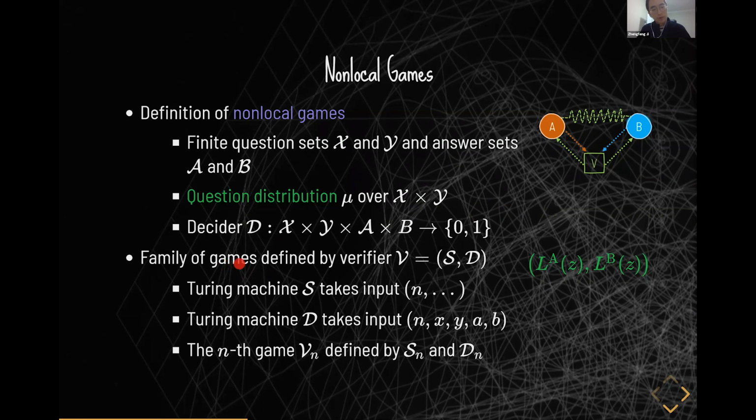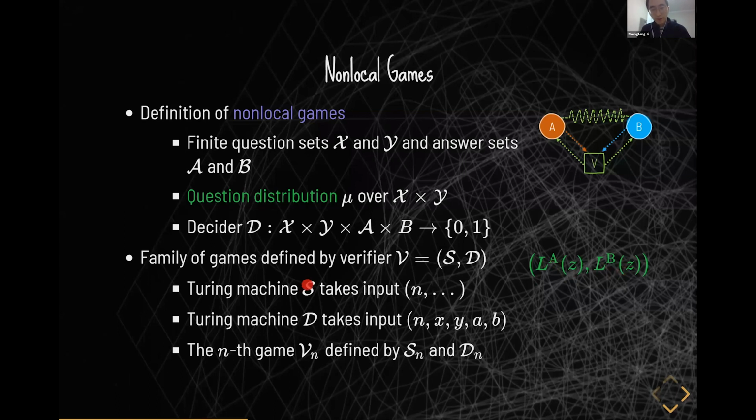And we will also consider families of games specified by Turing machines. Then the verifier is a pair of Turing machines, a sampler and a decider. The sampler Turing machine, as the name suggests, is generating the distribution. You can think of the process as having some random seed Z and applying some functions LA and LB to get the question for Alice and the question for Bob.